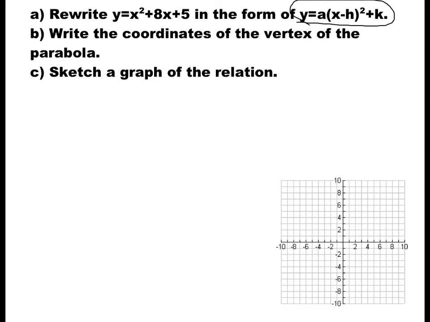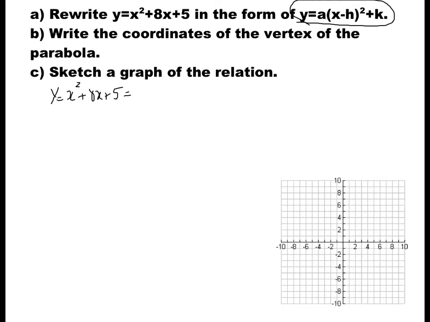To change any quadratic relation into vertex form, first we have to make sure that the leading coefficient, a, is equal to 1. In this case, y equals x squared plus 8x plus 5, so automatically the coefficient of x squared is 1, and I don't worry about factoring out the coefficient.